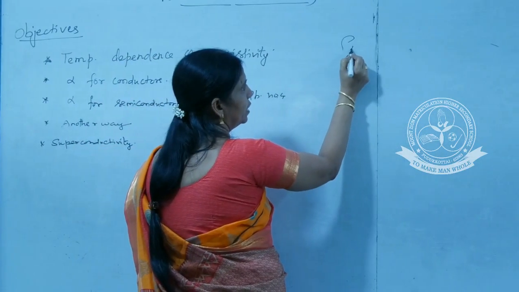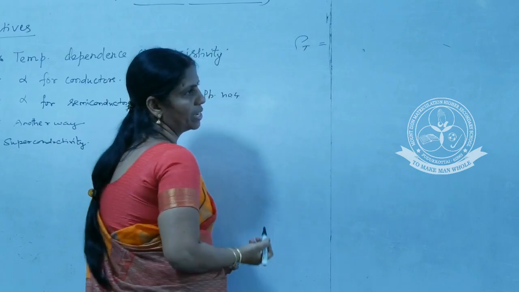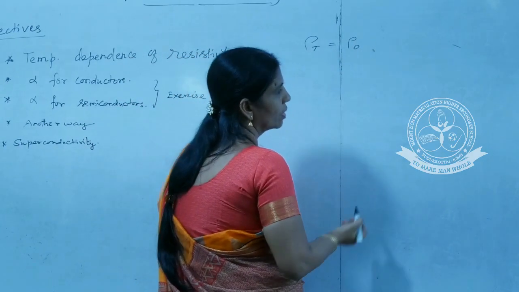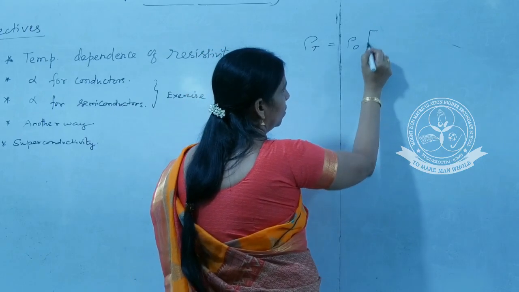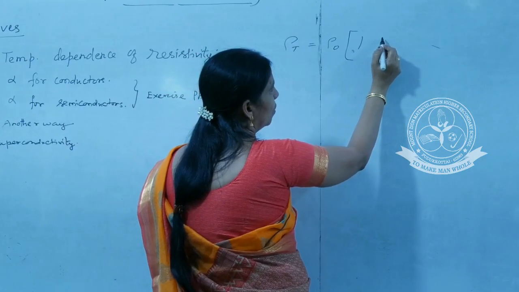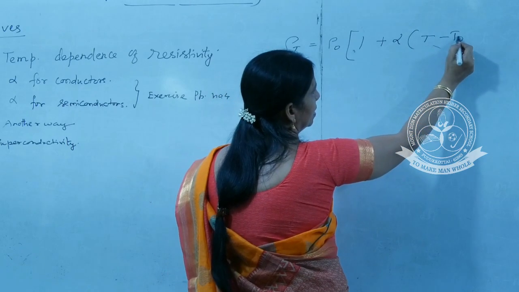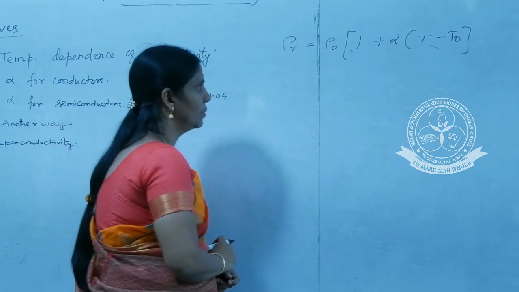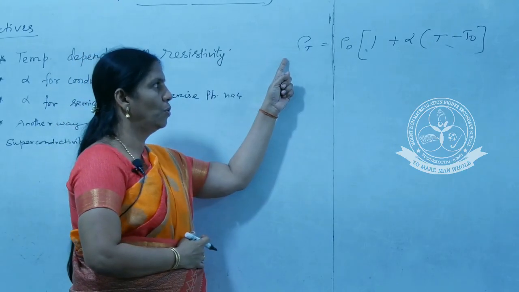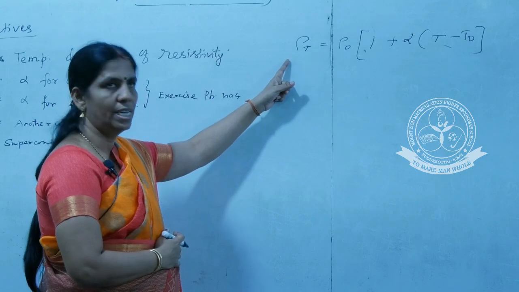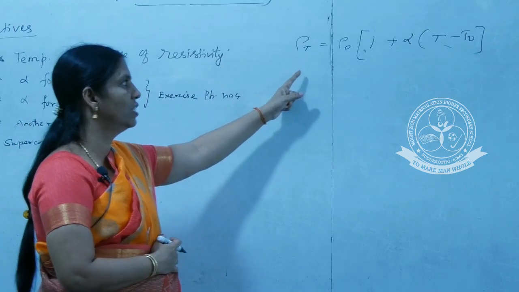the resistivity of a material at a particular temperature, given by rho T equals rho naught into 1 plus alpha into T minus T naught. Here rho T means the resistivity of a material at a particular temperature.